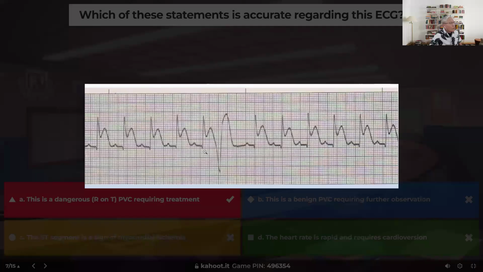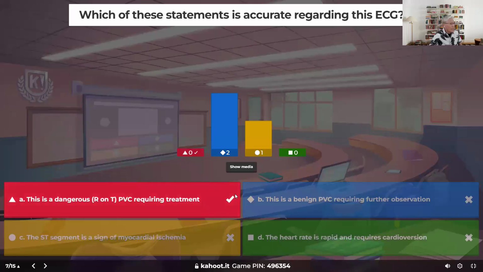Now, what I'm trying to emphasize over here is this PVC. Do you recognize that there's a PVC right over here? It is a very dangerous type of PVC. It is when it's very close to the T wave. You remember that area that we don't want any electrical energy to be hitting, then it is a dangerous PVC. And that's why the correct answer is going to be letter A.